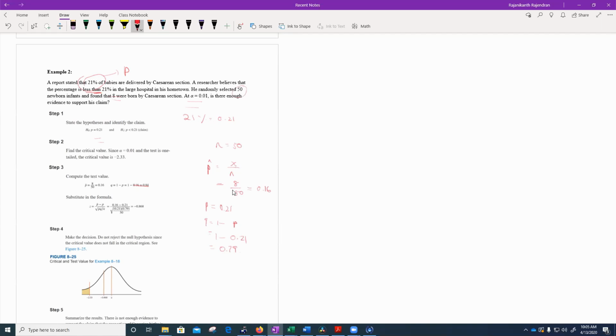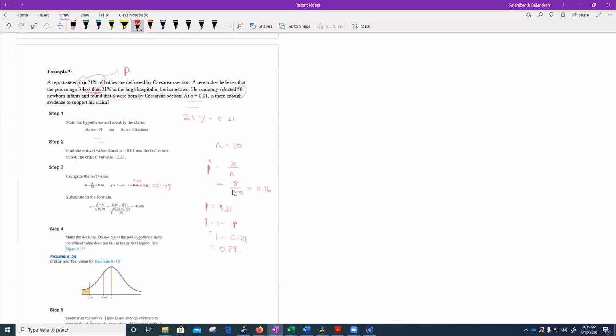Look here, they put it correctly, 0.79 for q, but here they say q is 0.84. That is not correct. Q is 0.79, so let us subtract 0.21, not 0.16.